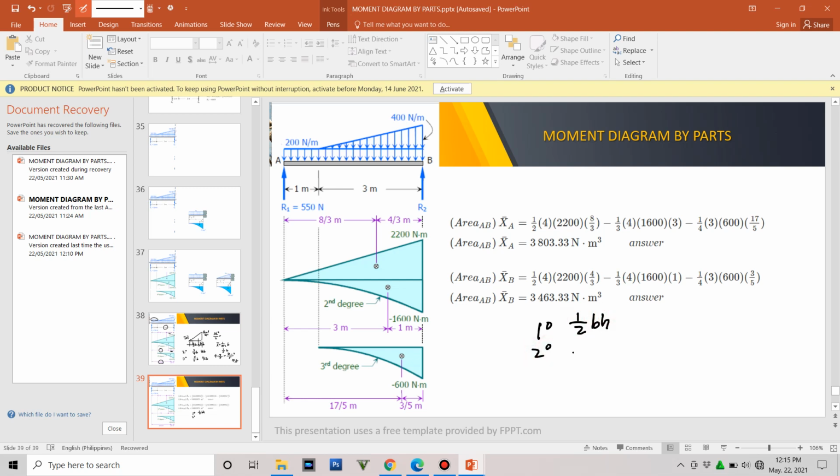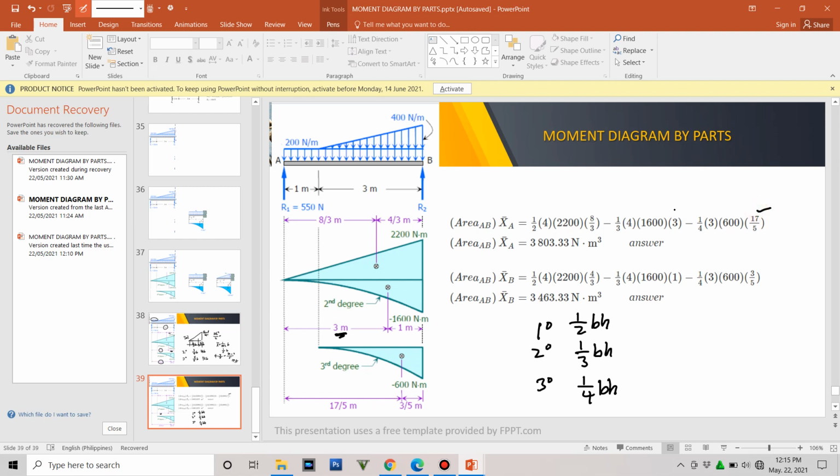Pag second degree, dagdagan mo lang ng isa, 1/3 base times height. At kapag third degree na yan, magiging 1/4 base times height. In this case, ito, 1/3 kasi second degree yun. So, 1/3 times 4 times 1,600 times the distance 3. So, was already established. And then, minus 1/4 na, kasi ito, third degree na yan. 1/4, 3 times 600 times 17 all over 5.